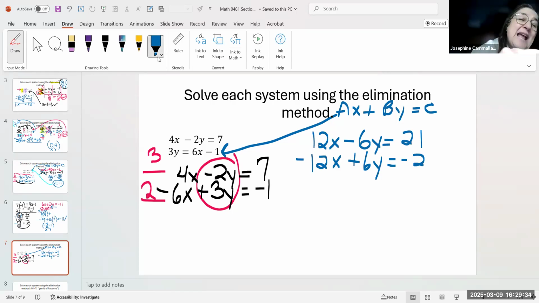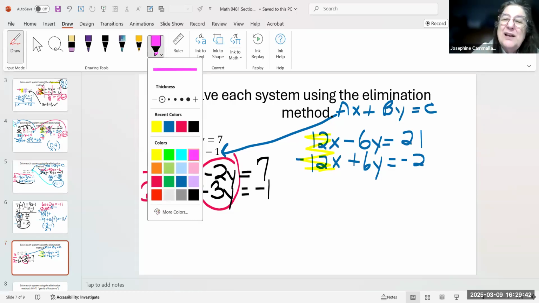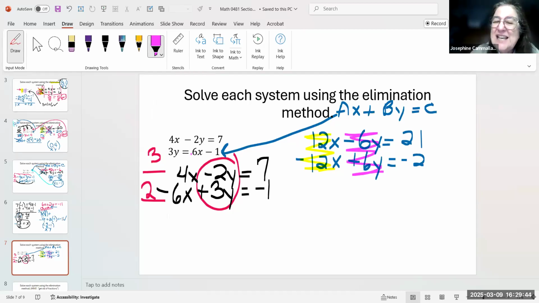Now notice what happens here. These 12s eliminate, but also these 6s eliminate. I have 0 over here. This eliminated and this eliminated. But I have a number over here. 0 does not equal 19.